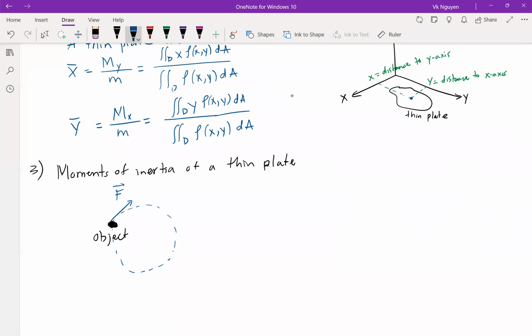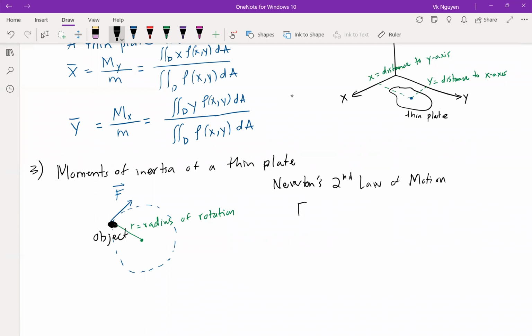It's an ugly circle, but okay. For the rotation, we have a center, right? And this is the radius of rotation. Newton's second law of motion. Now, let's take a look at it. Everybody knows this.